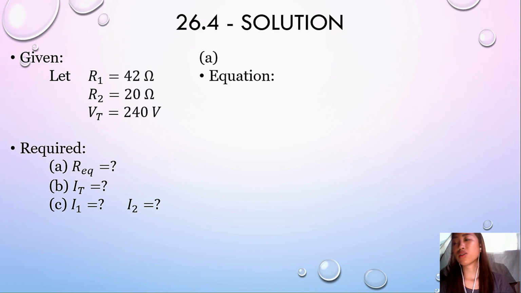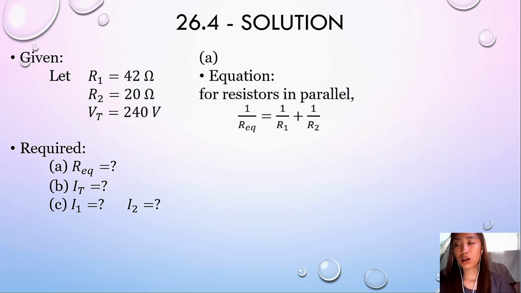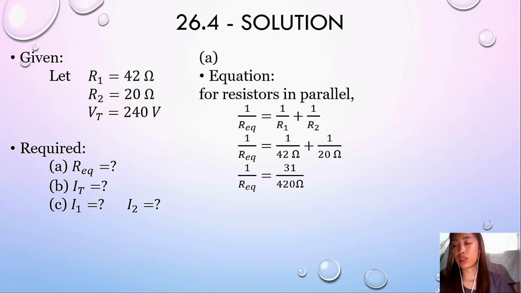The two resistors are in parallel, and to calculate their combination, we will use equation 26.3 in this form. So we can plug our values for R1 and R2. We get 31 over 420 ohms. Then we get its reciprocal. So the equivalent resistance in the circuit is 13.55, approximately equal to 14 ohms.